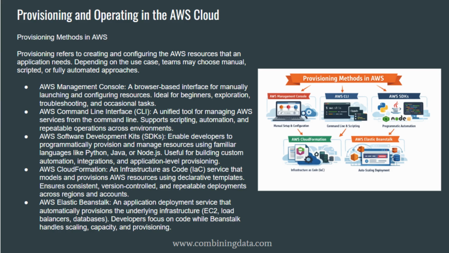Code-focused deployments, think AWS Elastic Beanstalk. Final takeaway: AWS gives you multiple provisioning paths, but modern cloud operations strongly favor automation, infrastructure as code, and repeatability. For the exam, remember, CloudFormation and automation are the preferred AWS best practices.